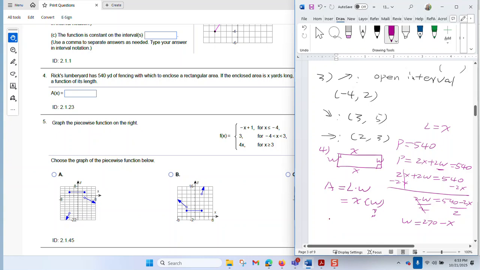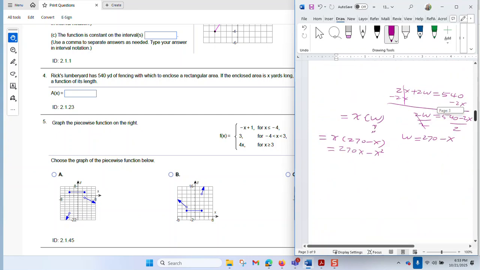All right. So my area here will be x times w. W here is 270 minus x. Okay, you can leave this one as a final answer, or if you want to multiply that in, this will be 270x minus x squared. All right, so that is your area in terms of what? X in here.